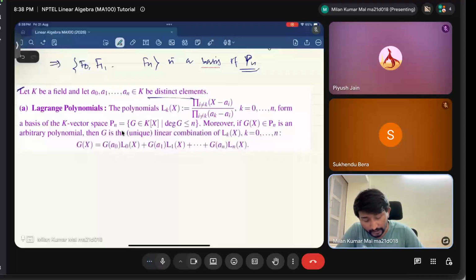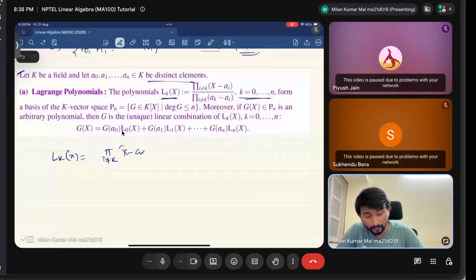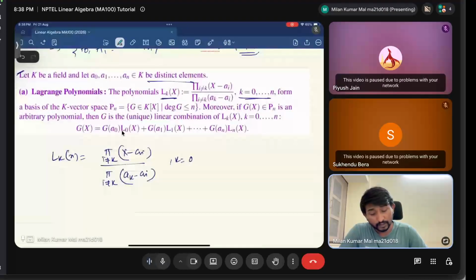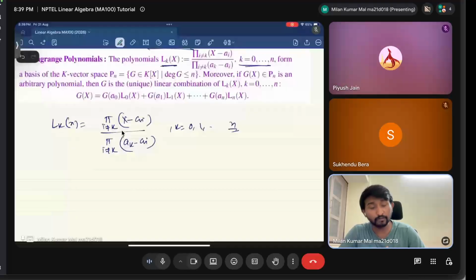Here Lk(x) is equal to the product over i not equal to k of (x minus ai), divided by the product over i not equal to k of (ak minus ai), for k equals 0, 1, all the way to n. The question is: this family is a basis of the vector space of all polynomials of degree less than or equal to n. Moreover, if g(x) in Pn is an arbitrary polynomial, then g is a linear combination of these.